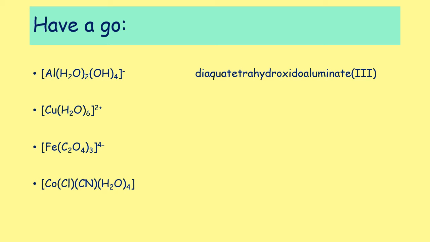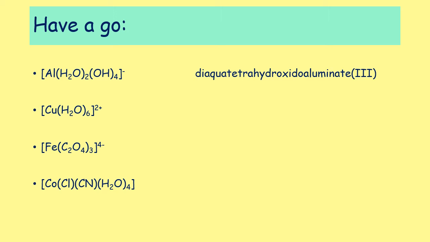It's negatively charged, so it's aluminate, and it's aluminate 3 because the overall complex has a charge of -1. Water has no charge whatsoever, so we can ignore it whenever we're doing our calculations. Hydroxide has a charge of -1, so aluminium -4 equals -1, so aluminium must be 3.